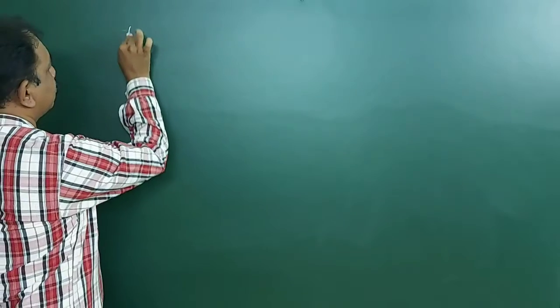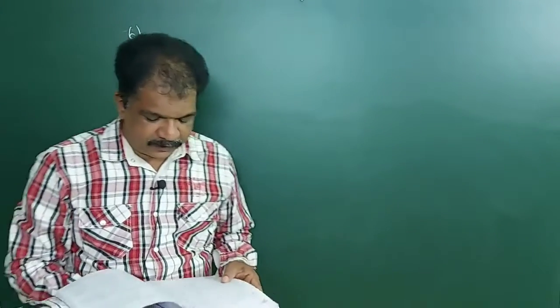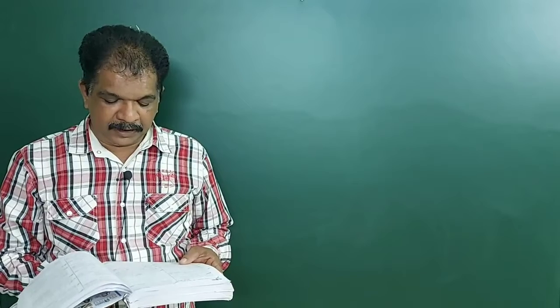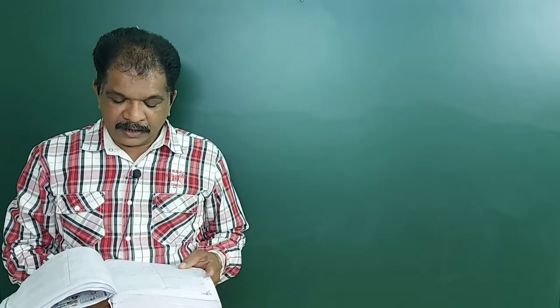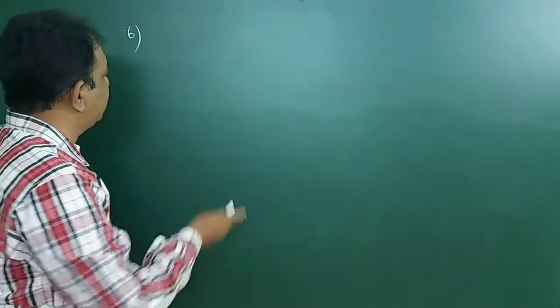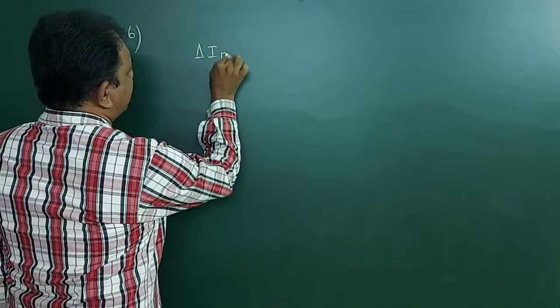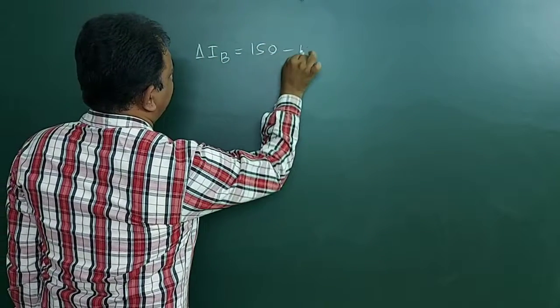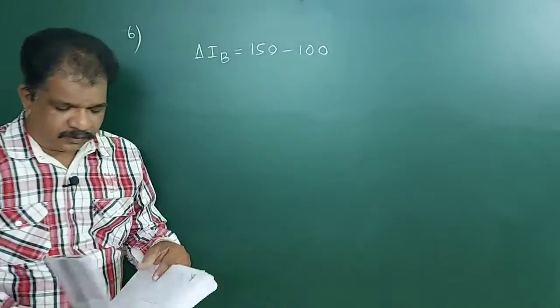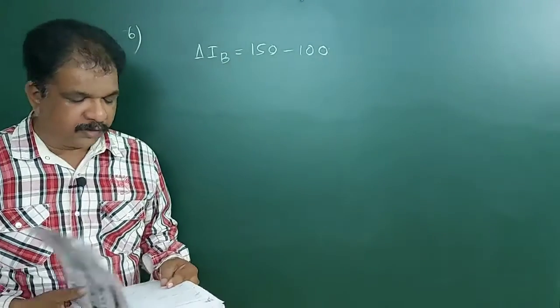Next, sixth one. What they are asking, see. Transistor is operated in common emitter configuration. In common emitter configuration, we will get the beta value at constant collector voltage such that the change in the base current is from 100 microampere to 150 microampere.